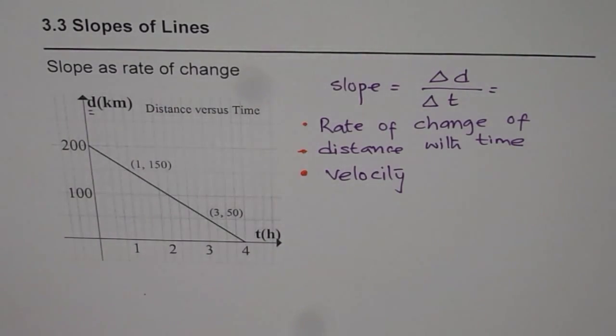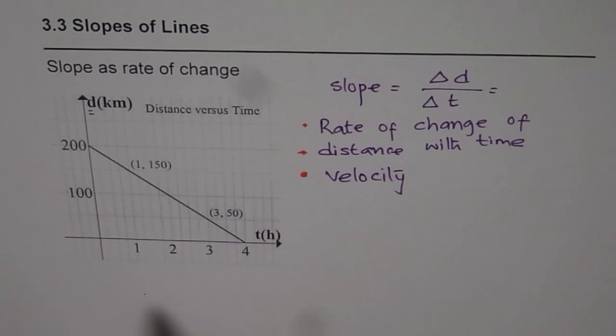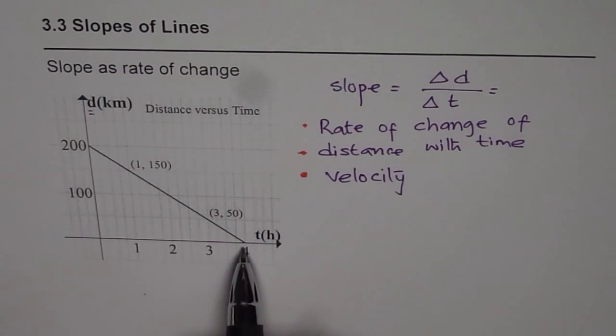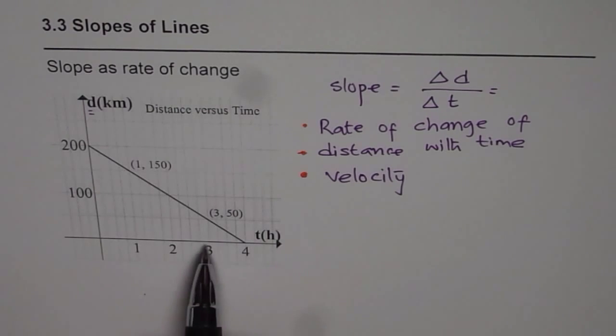We can consider an example. Let us say that we're driving from Niagara back home, and with time we are approaching home, correct? So at any instance of time, this graph may tell us how much distance is left to reach home. That could be an application question.